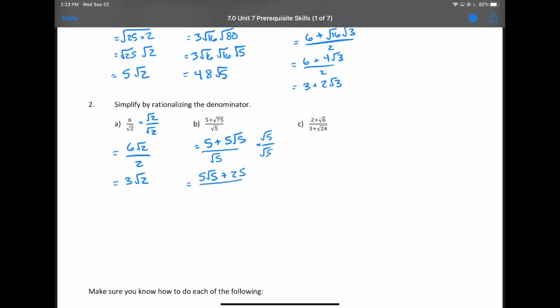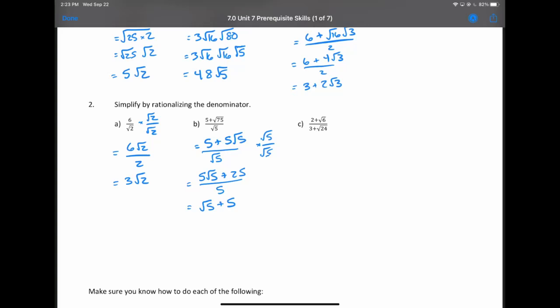And on the bottom, root 5 times root 5 is 5. Now, every term here is divisible by 5, so I can simplify that a little bit into root 5 plus 5, and the denominator goes away. So 5 plus root 75 over root 5 is just 5 plus root 5, or root 5 plus 5. By the way, I'm not too worried about the order in which those two things appear.